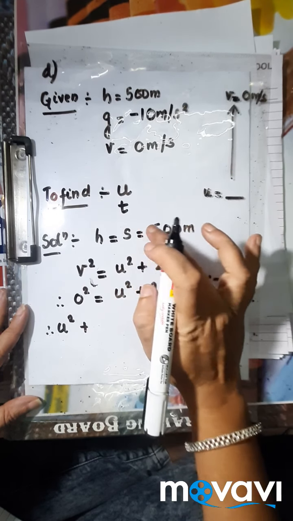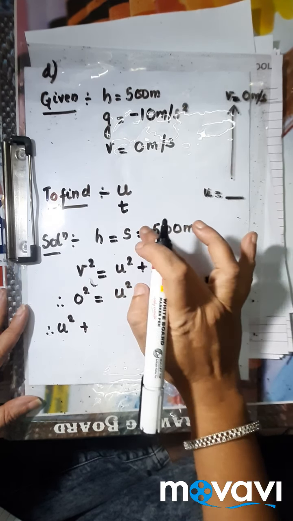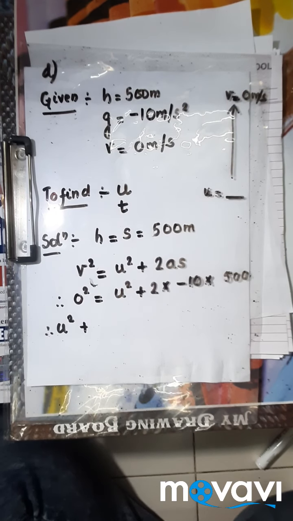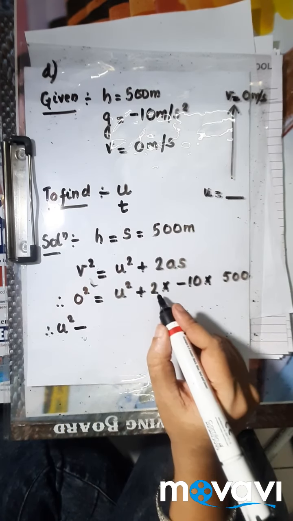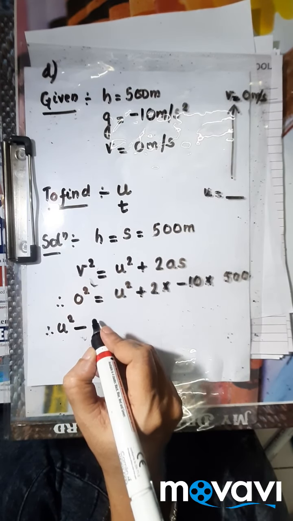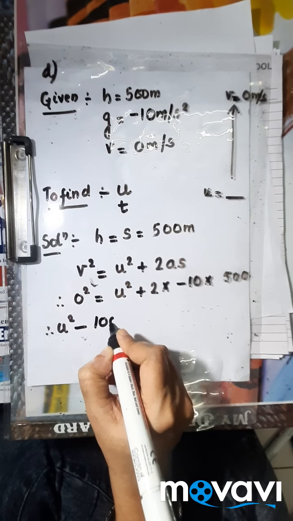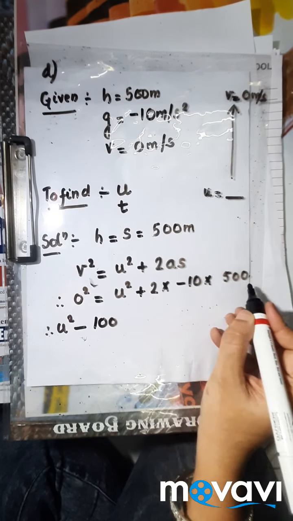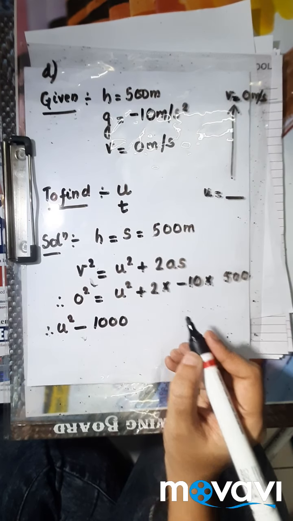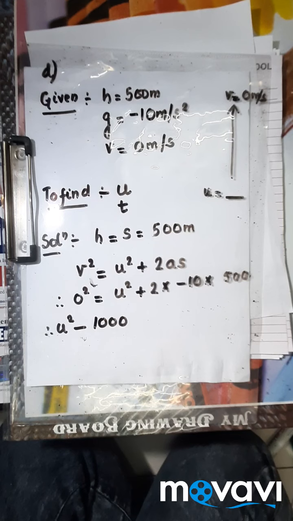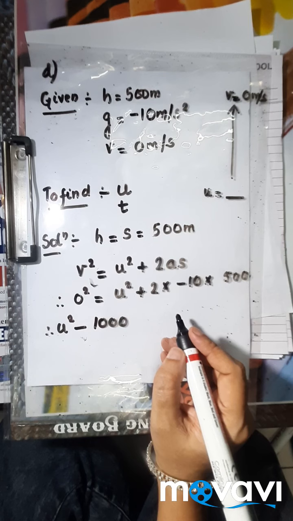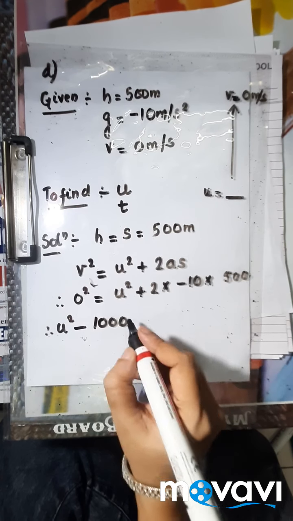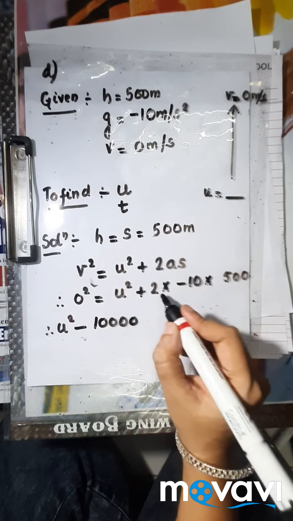So u square minus, this will become minus 5 2s are 10, 10 into 1 2, so 1 2 and 3 zeros, and 1 more 0, because 5 2s are 10, right?